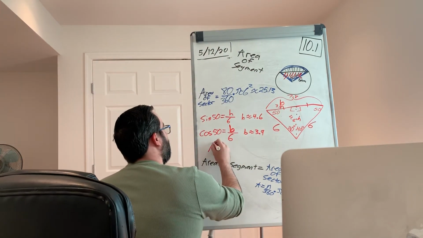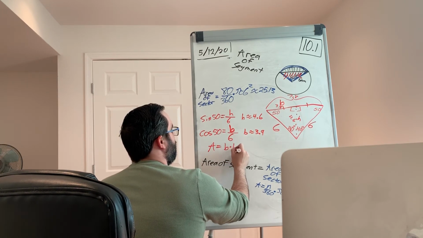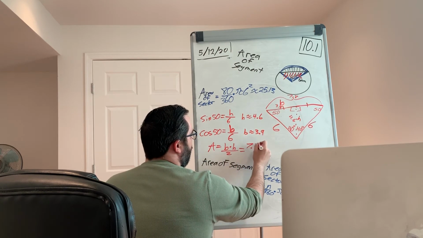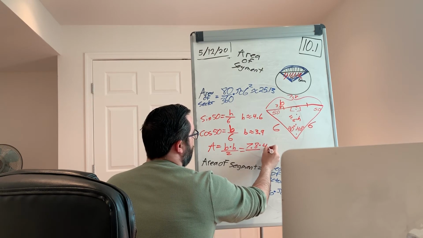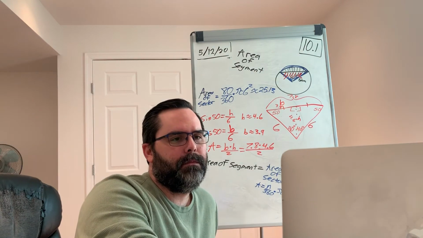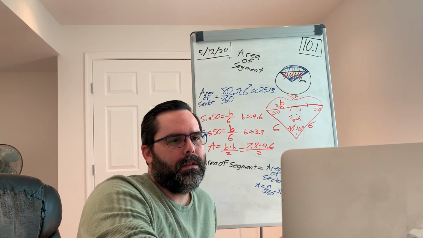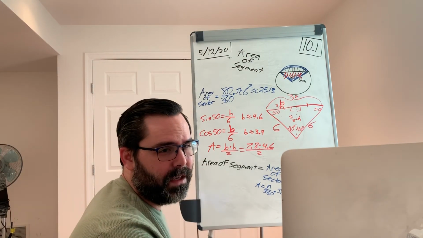So area equals base times height divided by 2, which is 7.8 times 4.6 divided by 2. So the area is about 17.9.